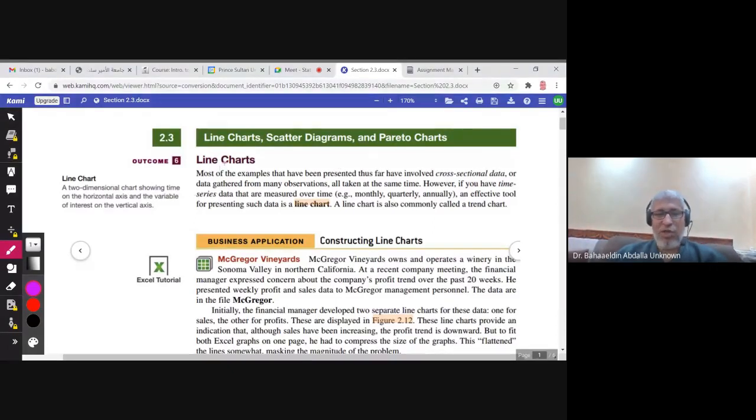Okay, let us start with line charts. Line charts are 2-dimensional charts. 2-dimensional means x-axis and y-axis. What do you see on the x-axis? You see the time on the horizontal axis. What do you see on the y-axis or the vertical axis? You see the variable of interest.